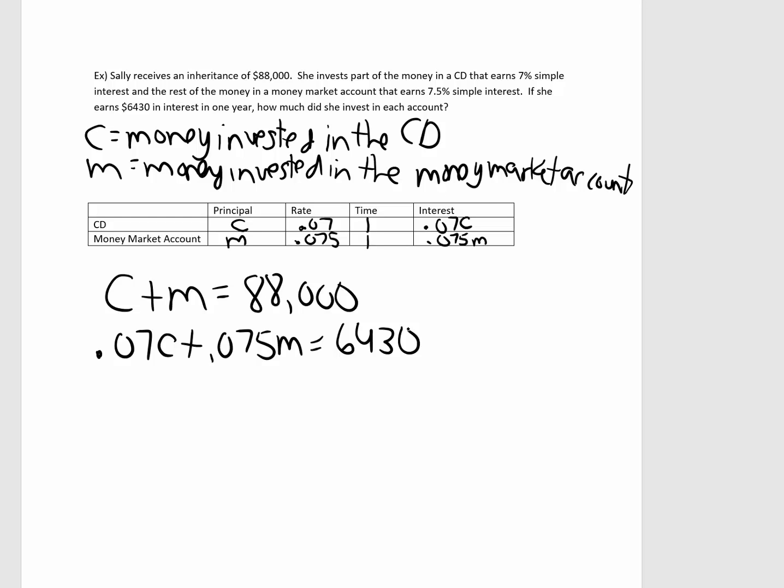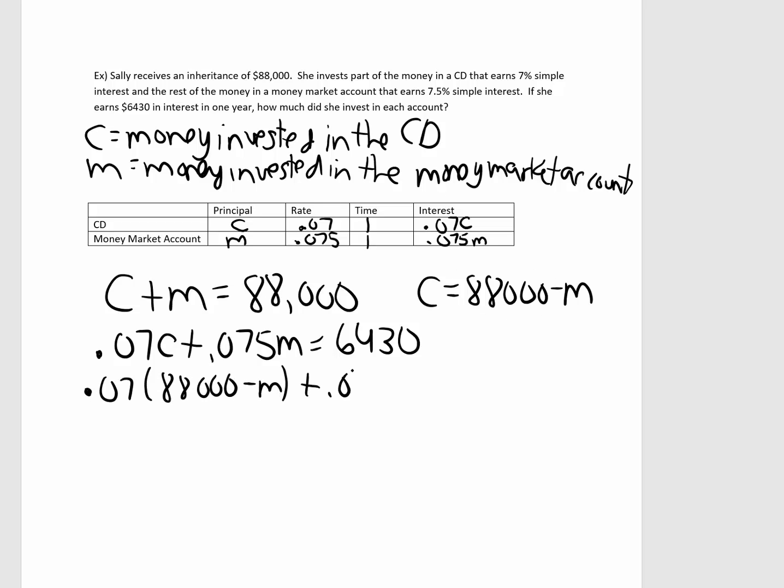So I'm going to solve the top equation for C. So I'm going to subtract the M. And now I'm going to replace this C in the second equation with this expression here. So I'm going to distribute.